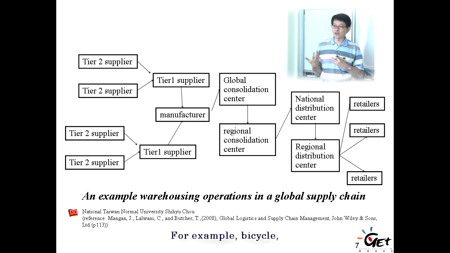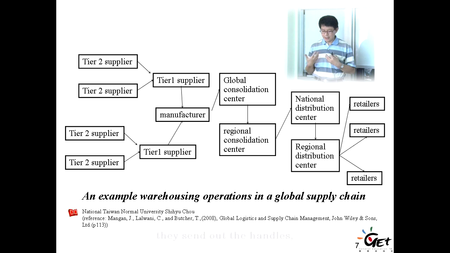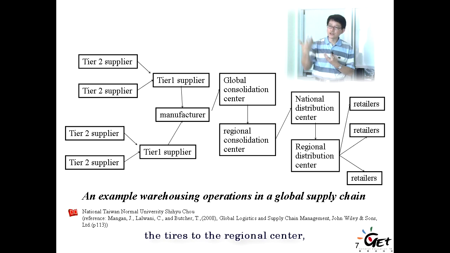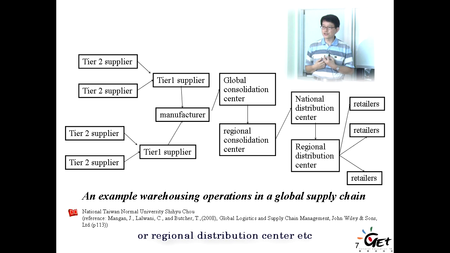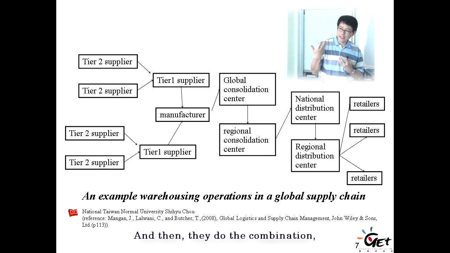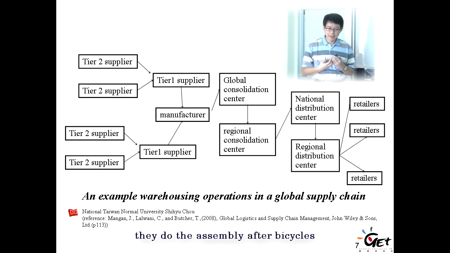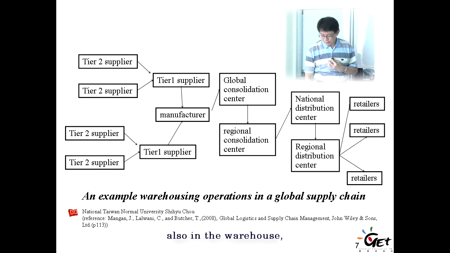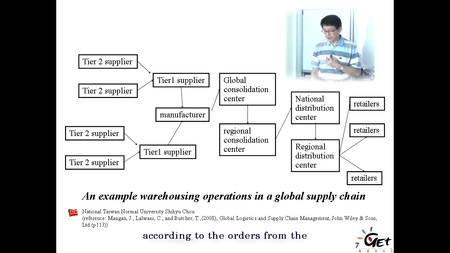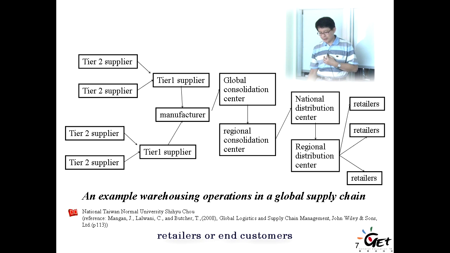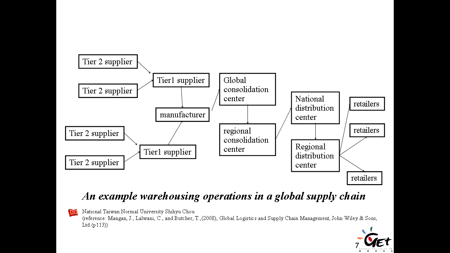For example, a bicycle: from the manufacturers, they send out the handles, the bicycle frames, the tires to the regional center or regional distribution center, etc. Okay, and then they do the combination, they do assembly of the bicycles in the warehouse, according to the orders from their retailers or end customers, right? Because maybe they want to do customization for their customers.